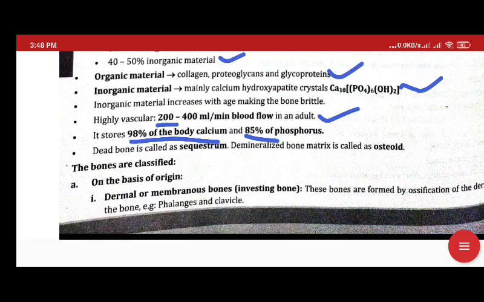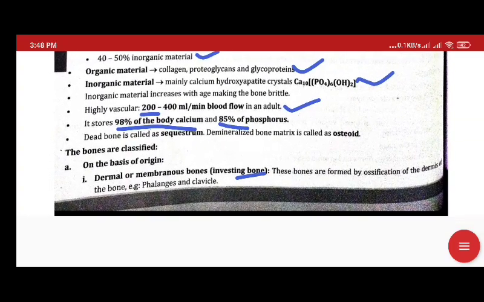First bone type is dermal bone, or we can say membranous or investing bone, that is made mainly from the dermis. Name is dermal, so that is developed from dermis.